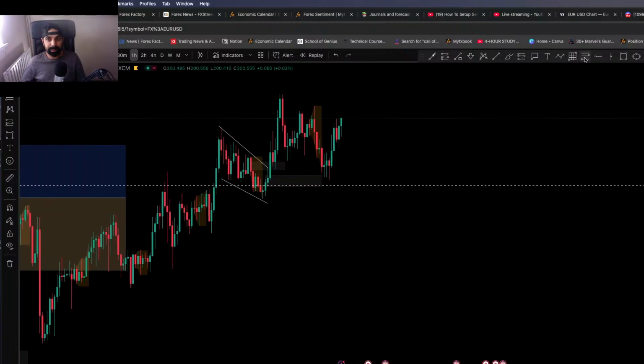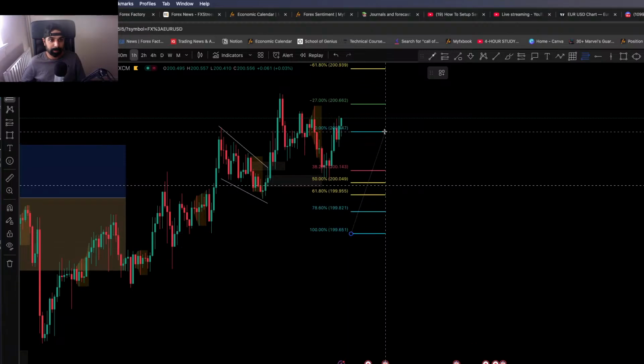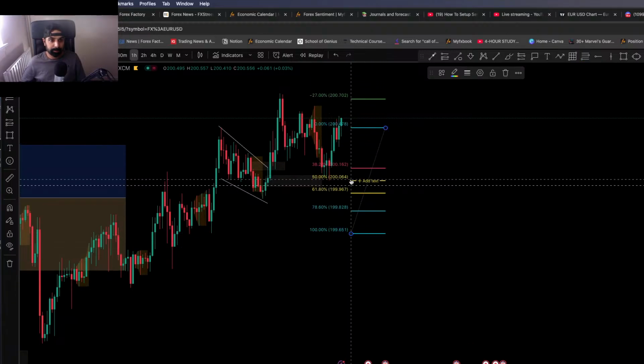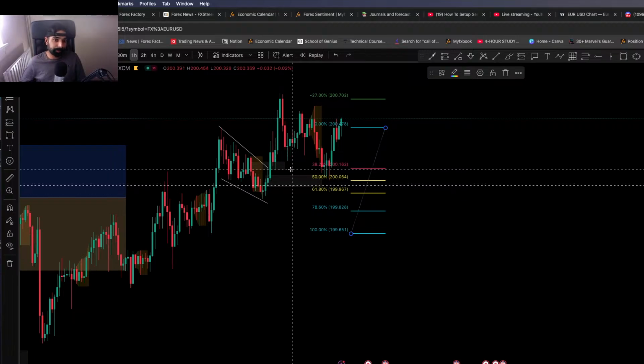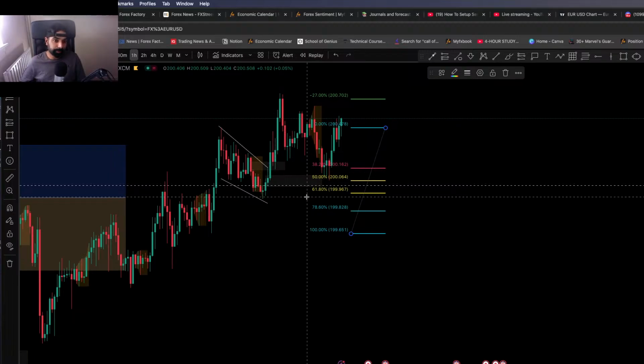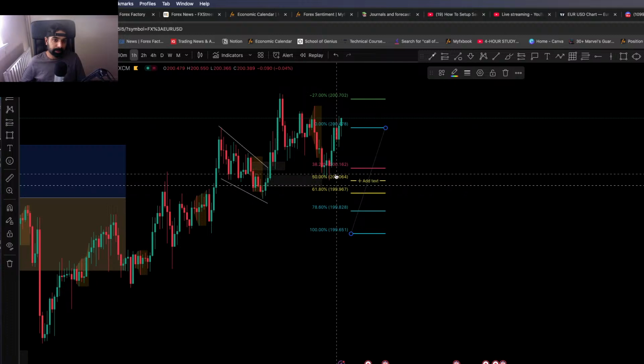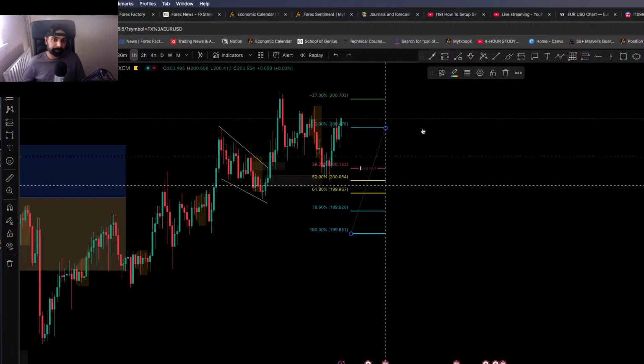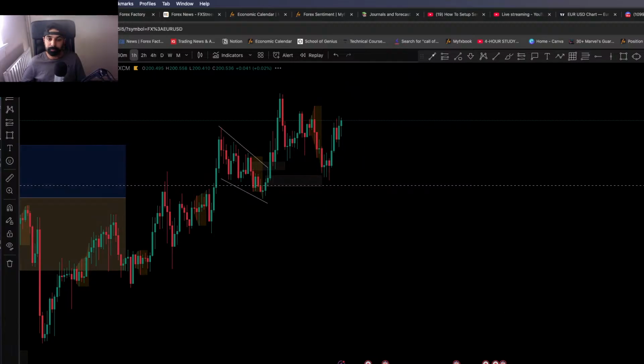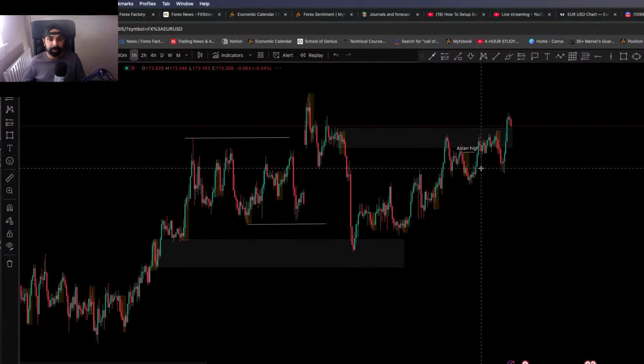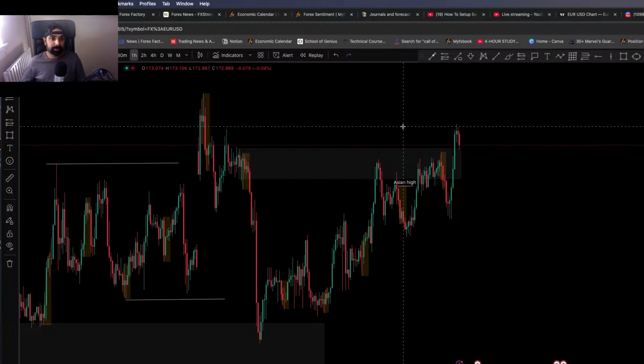If you look at this one, you got the leg right there. 50% is really good. Yeah, look, it just hits it nicely. Alright, this one looks quite positive.